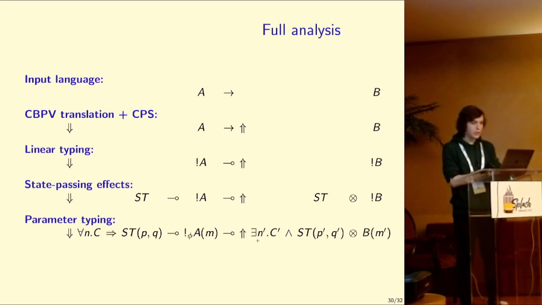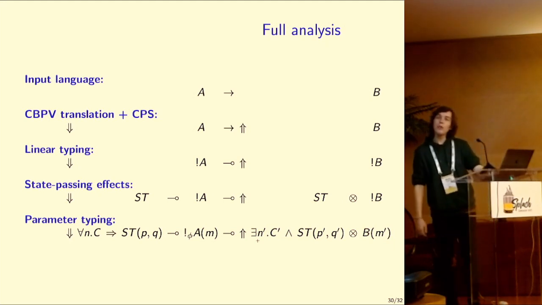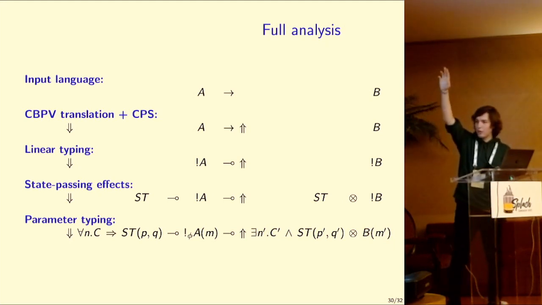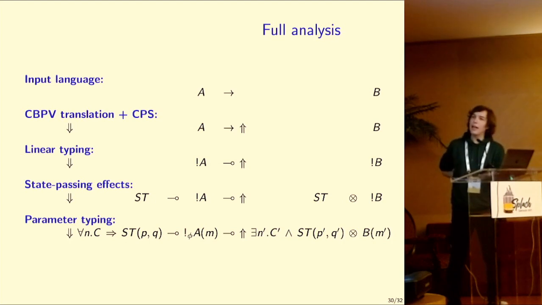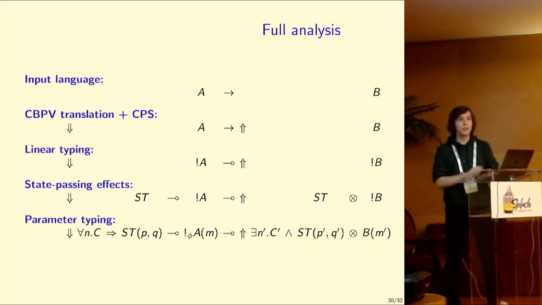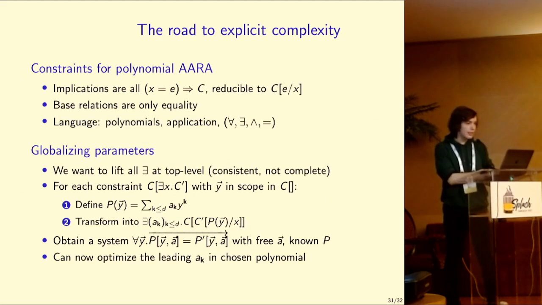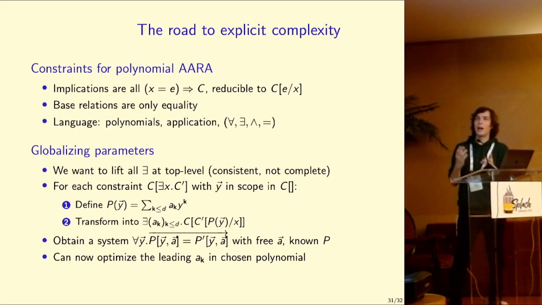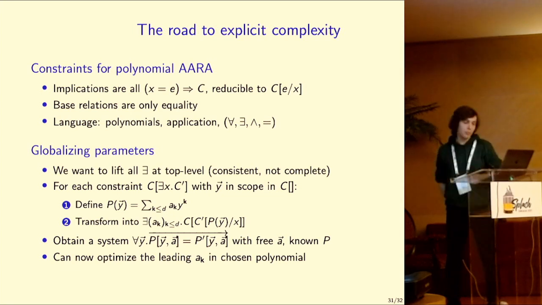So once a program has gone through this entire pipeline and we have these types, the question that remains is: can we go from this type with parameters and first order constraints to an explicit formula for complexity? This is to say, can we get some polynomial that represents this complexity?